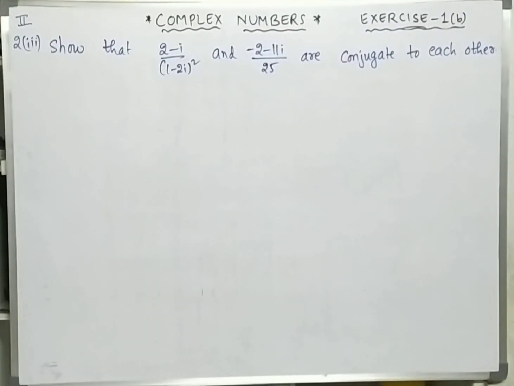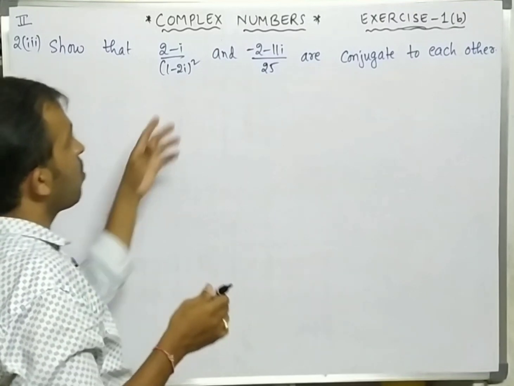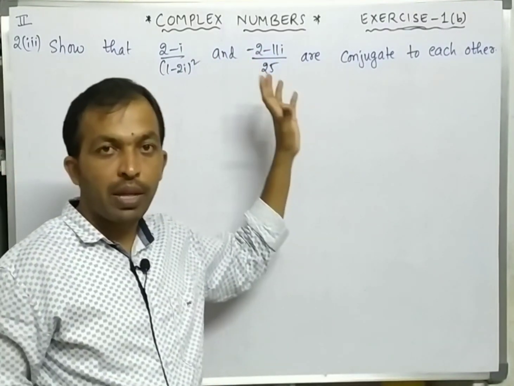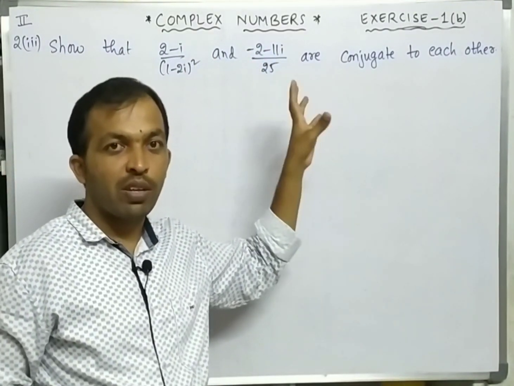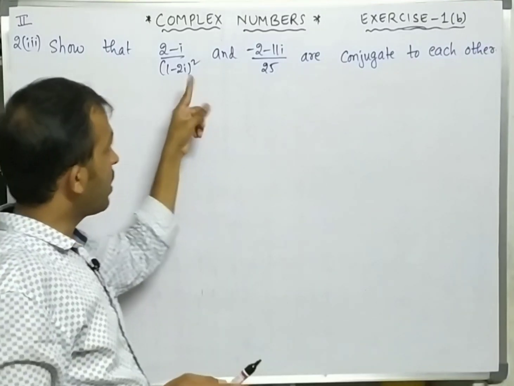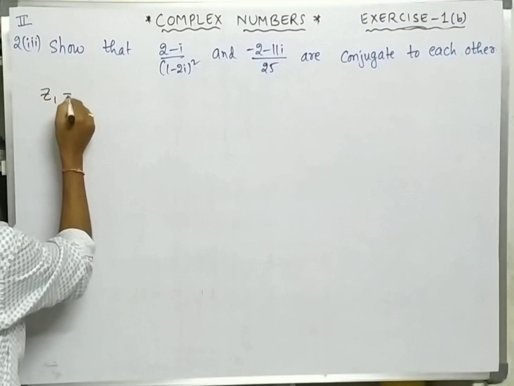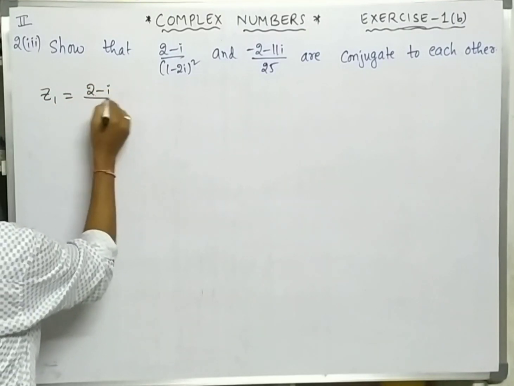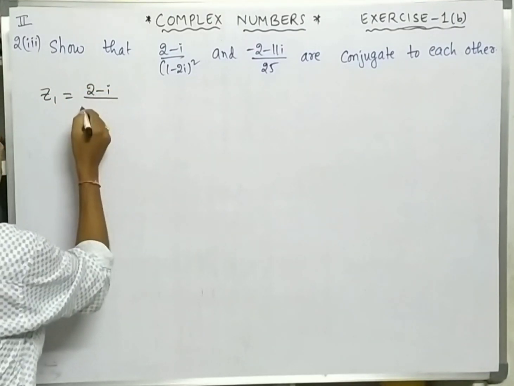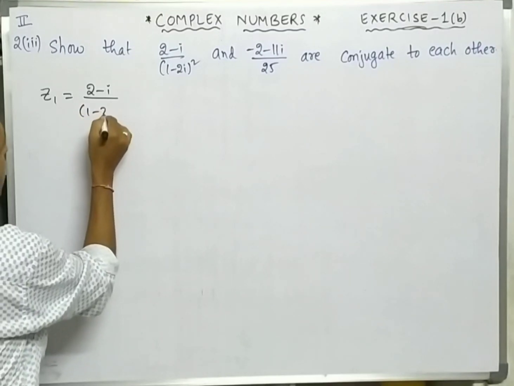Next problem, these two numbers are complex numbers which are conjugate to each other, that we have to show. So let us assume that the first complex number is z1. z1 is equal to 2 minus i by 1 minus 2i whole square.